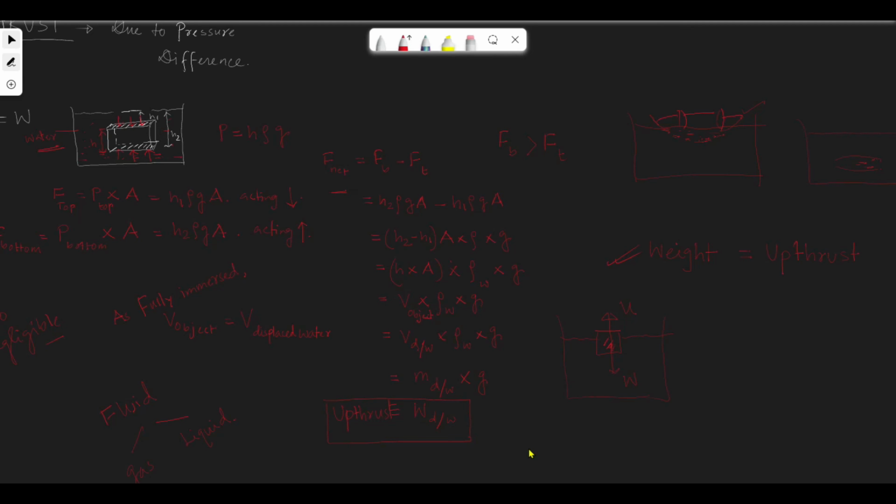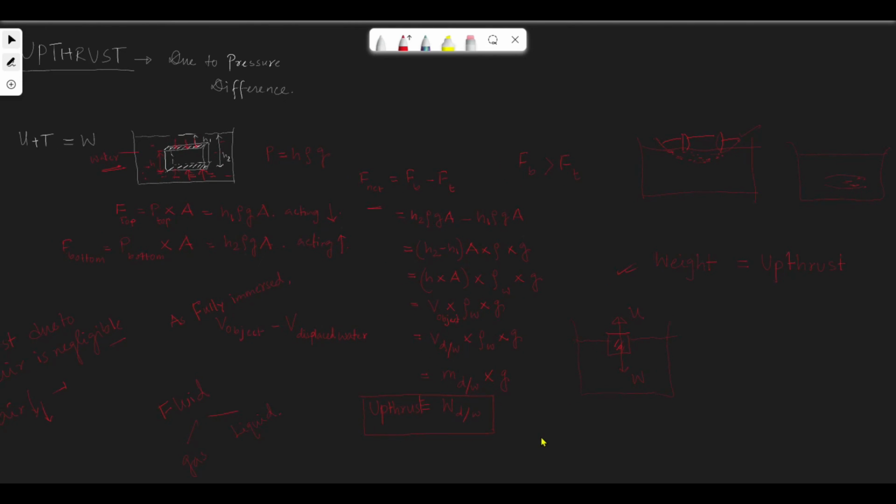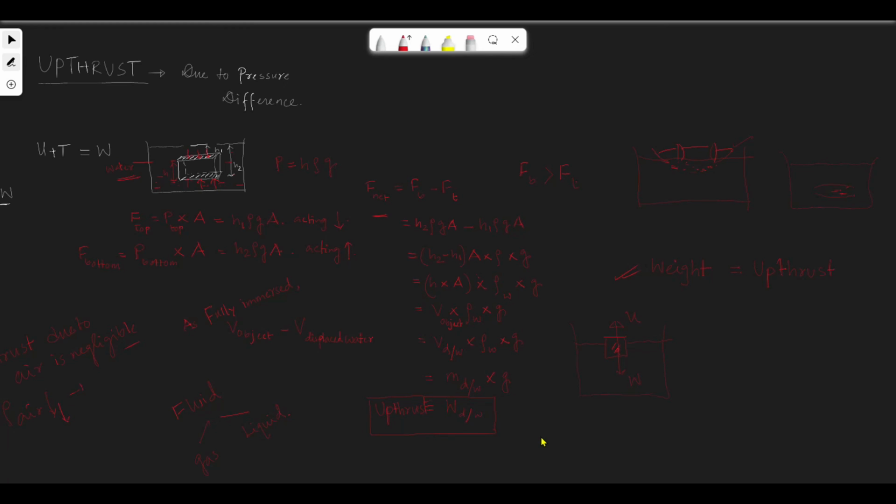All right. Sometimes you might get a question asking why the upthrust has not been considered. Then you will have to compare this upthrust value with the weight, with the tension, with the drag force, the forces that are concerned in that particular question.